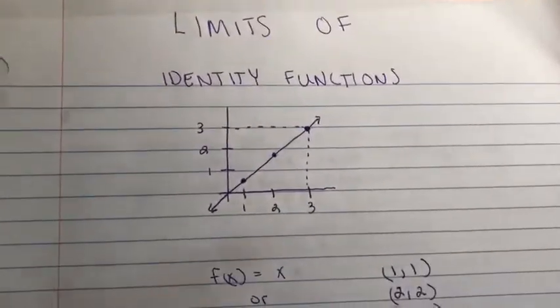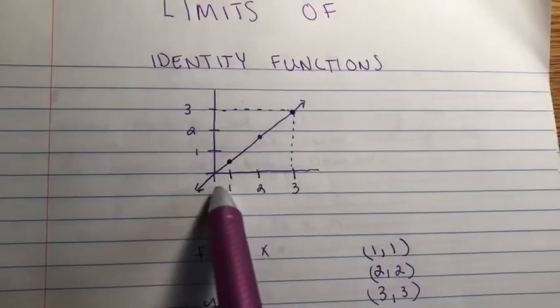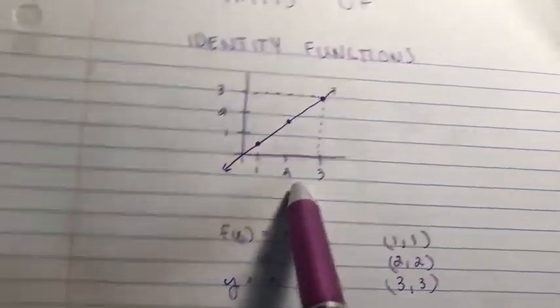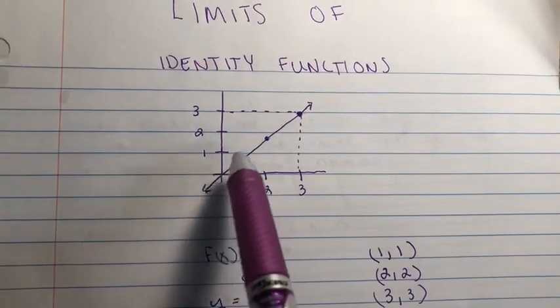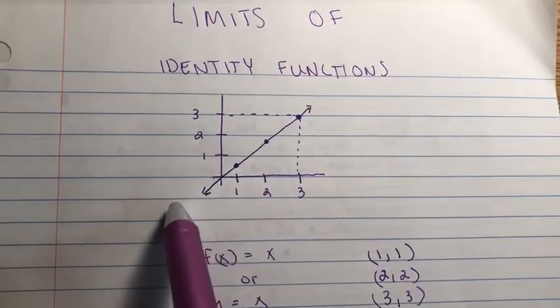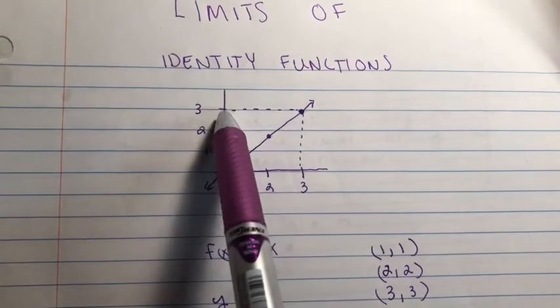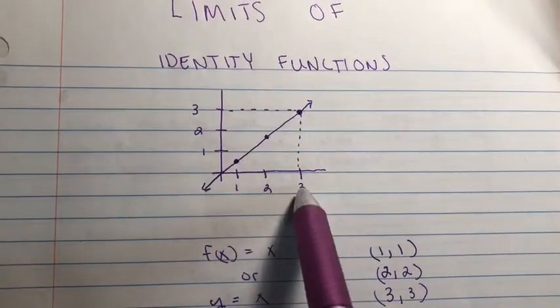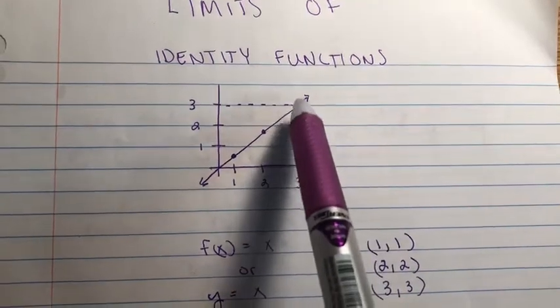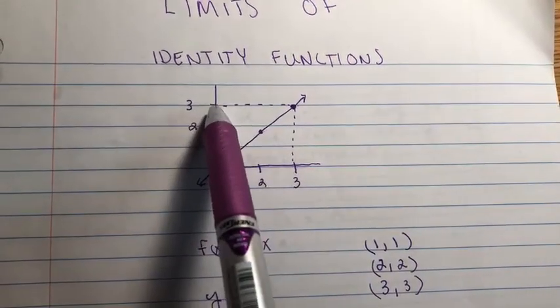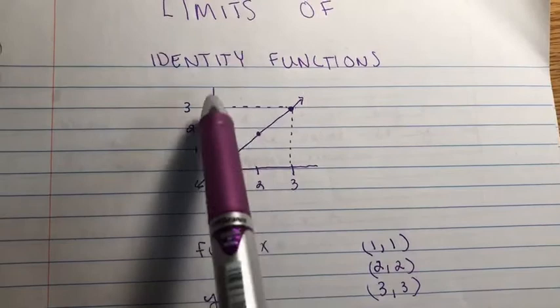So let's come up here and look. If we're approaching 3, so 3 is down here, if we're approaching 3 from the left side, we see that our y value will be 3. And if we approach 3 from the right side of our line, our y value is still 3. And this is because our x and y values are the same.